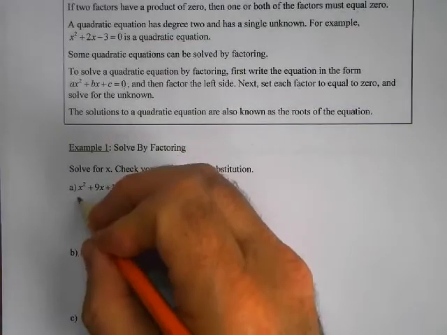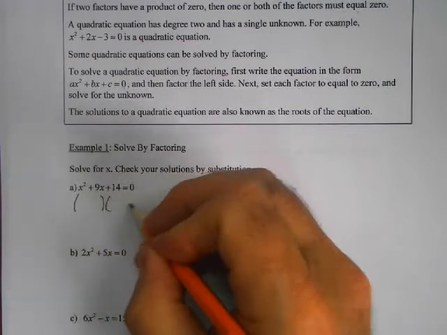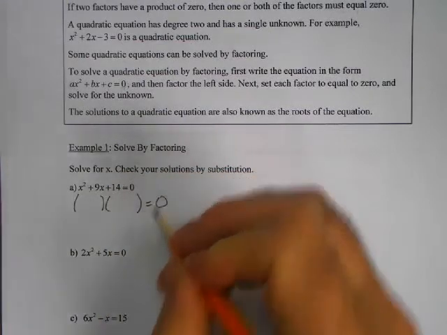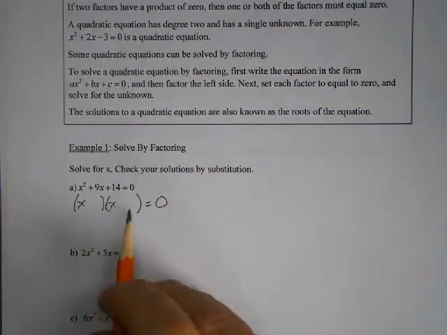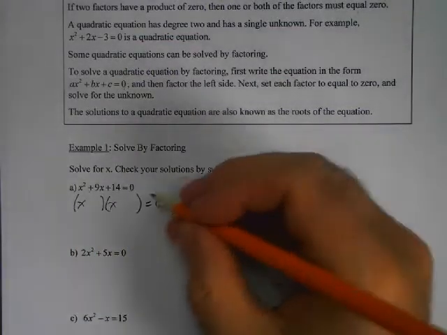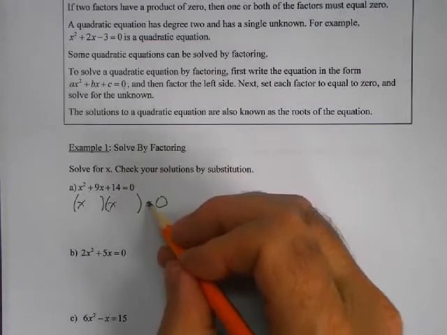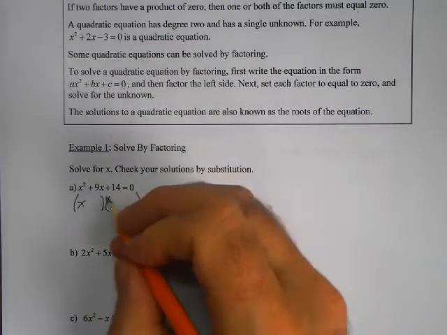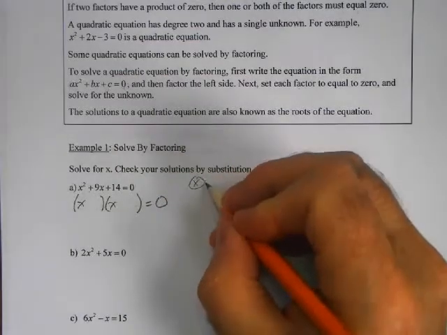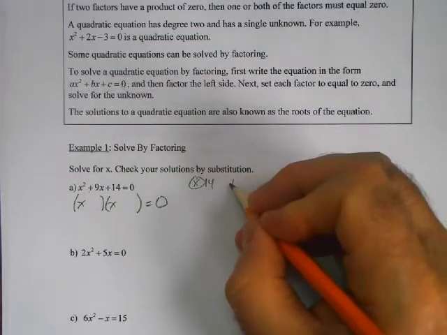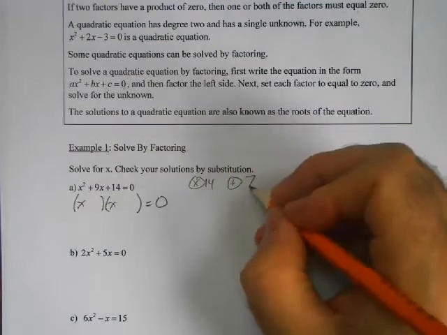So I know this is a simple trinomial. So that tells me if it does factor, it will have an x as the first term in both binomial factors. The other terms here, and don't forget the equal 0. If I'm looking at what those numbers are, those two numbers multiply to 14 and they add to 9.